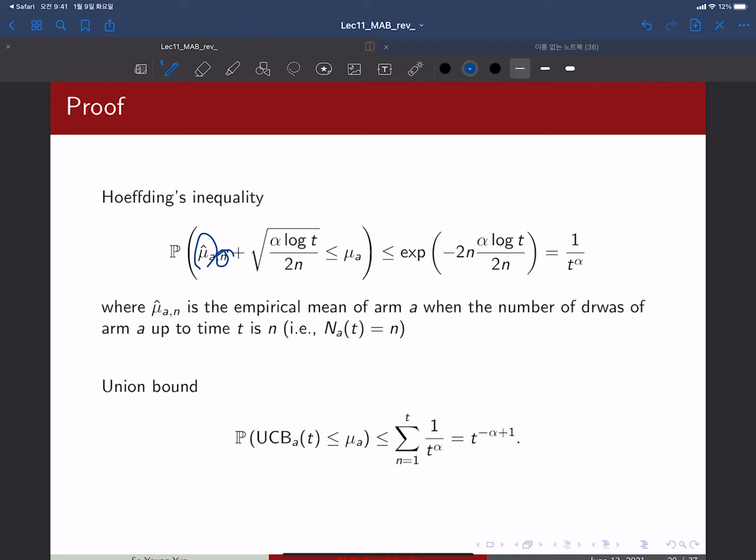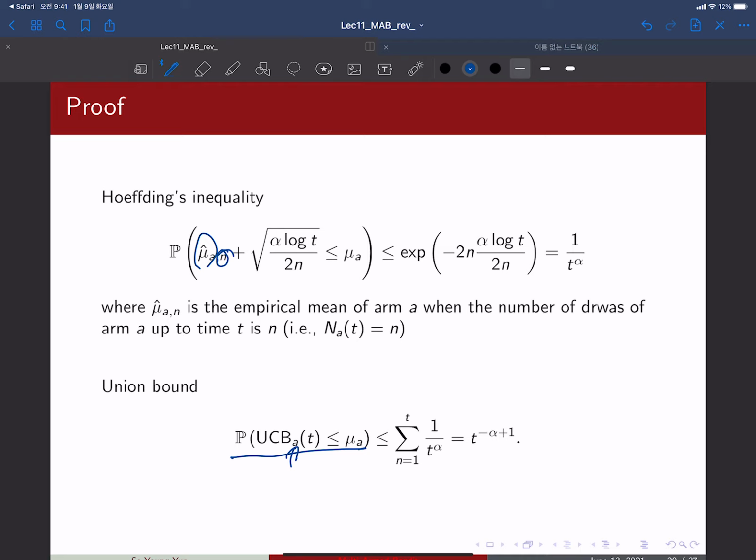So for this concentration inequality, UCB is less than or equal to some specific constant, we cannot simply apply Hoeffding's inequality or Chernoff-Hoeffding's inequality, because the number of plays of arm A depends on the mu hat value. When the mu hat value is high, then we will play the arm more than usual.